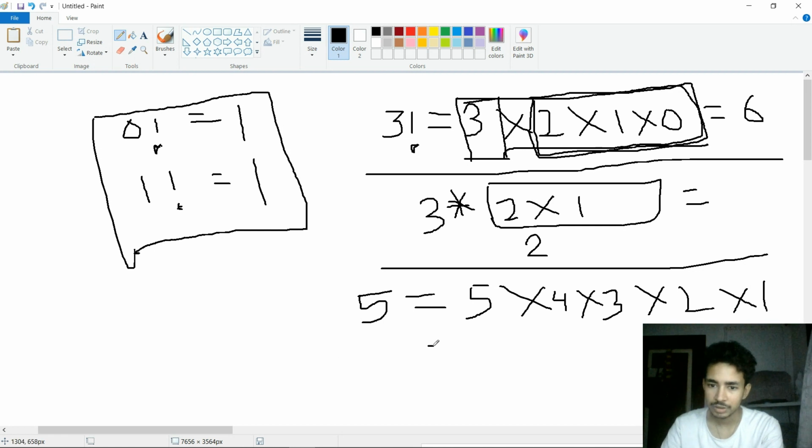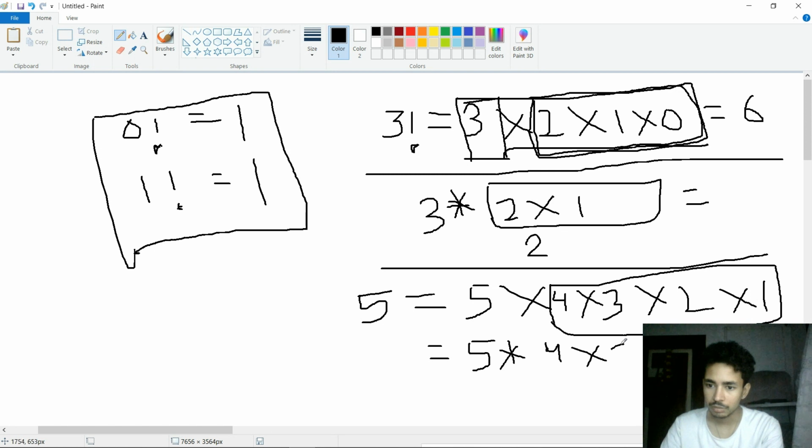So we can also say this is 5 multiplied by this whole equation: 4 into 3 into 2 into 1. If we get this answer, then we can multiply by it and we will get the answer.